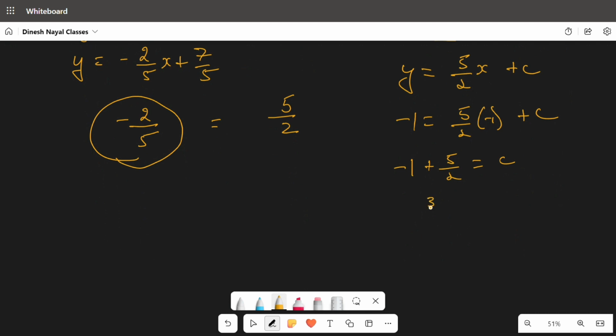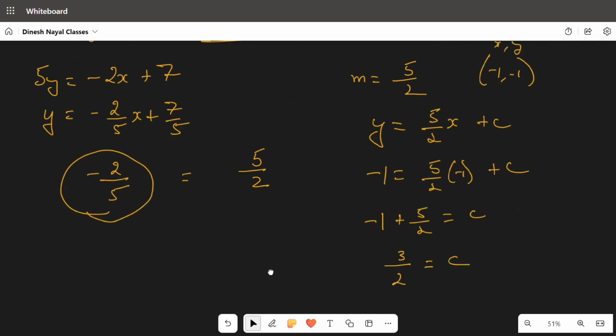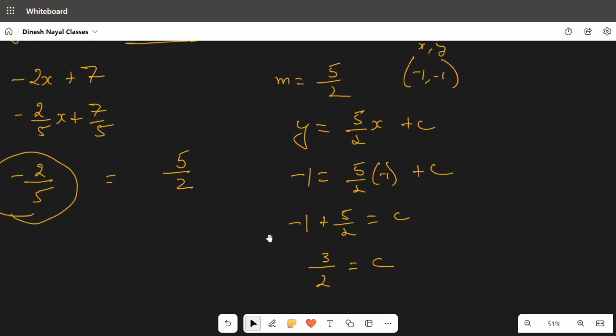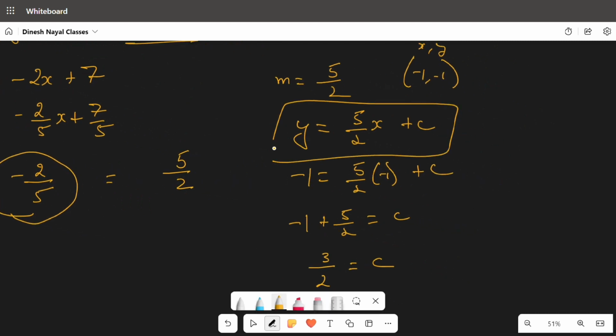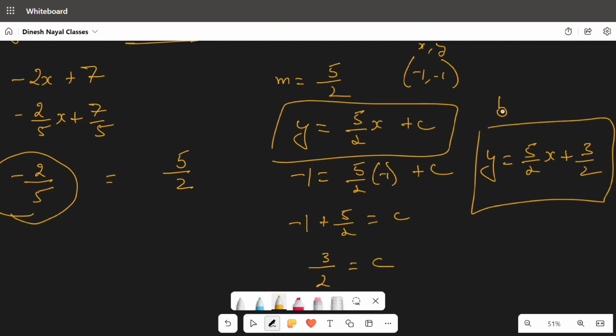Solving this, you can directly use your calculator. So c equals 3 by 2. Substituting the value of c in this equation, we have the required equation, y equals 5 by 2 x plus 3 by 2. So this is the answer for the B part.